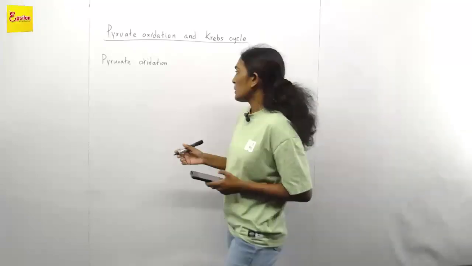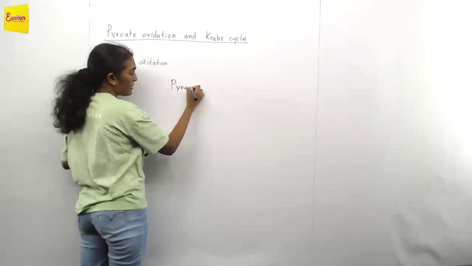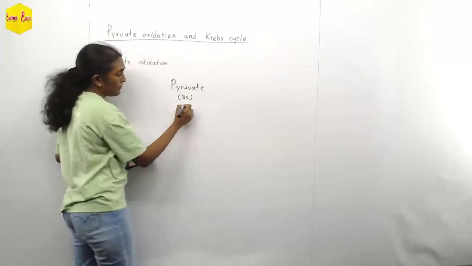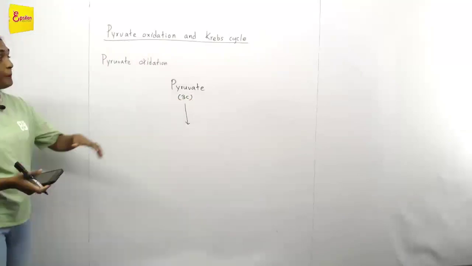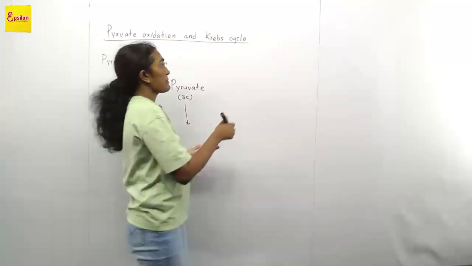Right, listen now. This is what is happening. We have pyruvate. How many carbons are there in pyruvate? A 3-carbon compound. The 3-carbon pyruvate is transported into the mitochondrial matrix. For pyruvate oxidation and the Krebs cycle, what is the location?